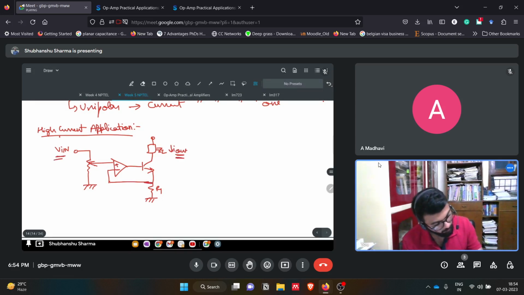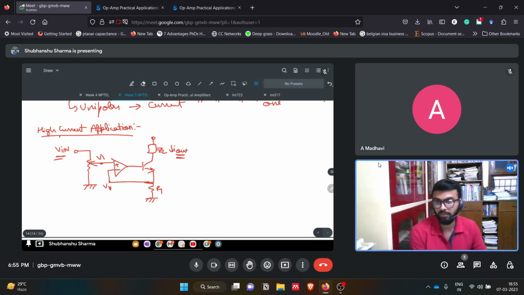Whatever the V input signal is, we will get it here as V1, using the concept of virtual short. And the current here, I out, will be approximately equal to V1 by R1, if we consider the base current of this BJT to be very small.